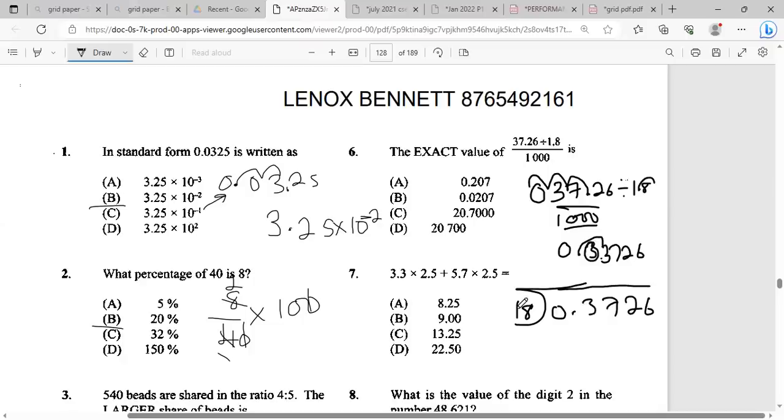It's just the position. 18 into this goes 0 times, put a decimal point. 18 into 0 goes 0 times. Then 18 into this goes 2 times. And we know the result already. We'll get 207, right? So the decimal point is 0.02. So it has to be this.